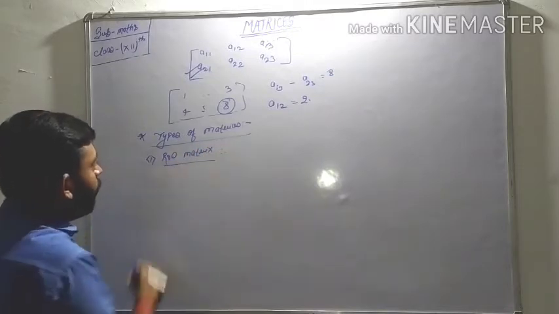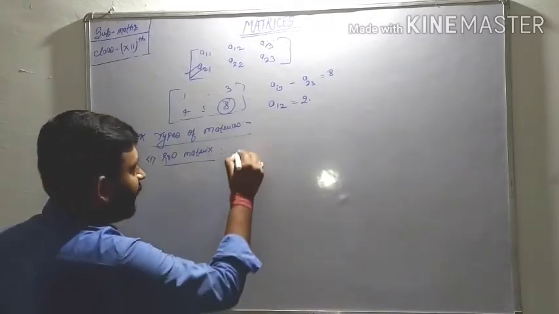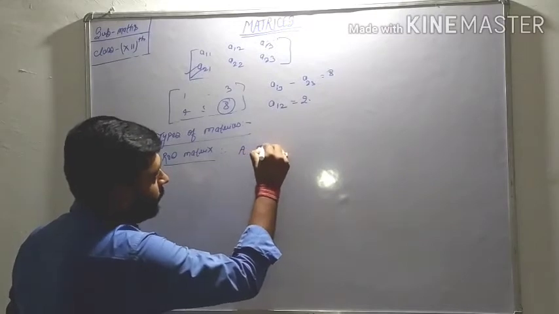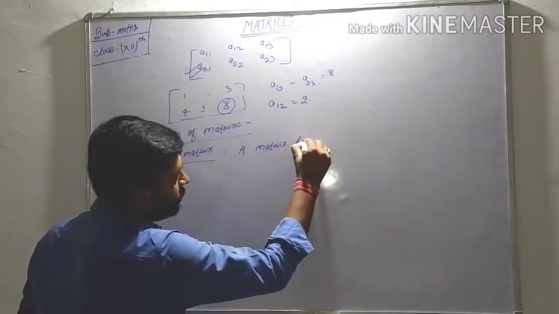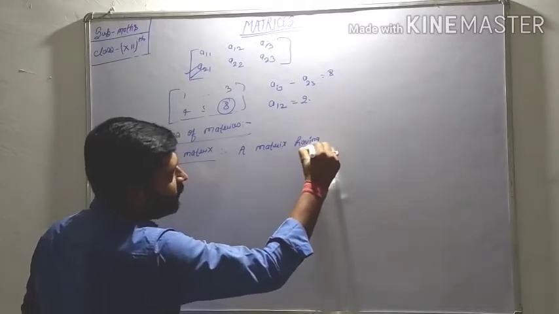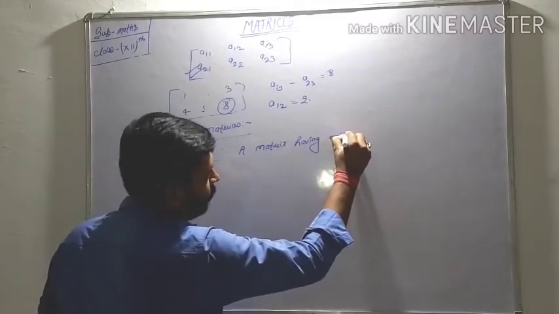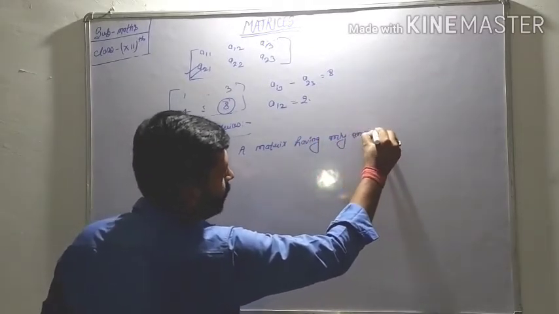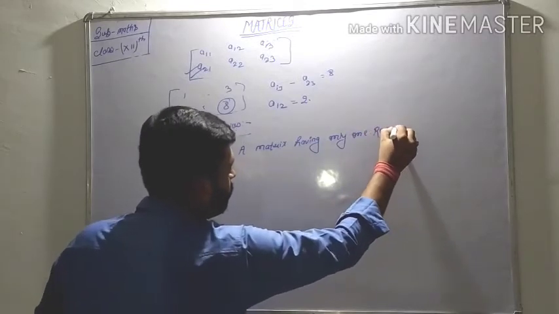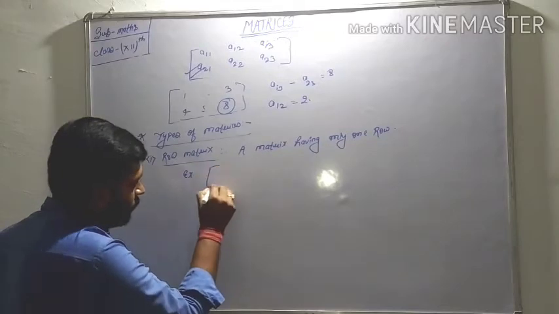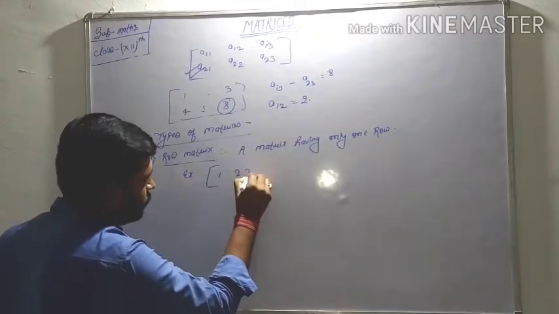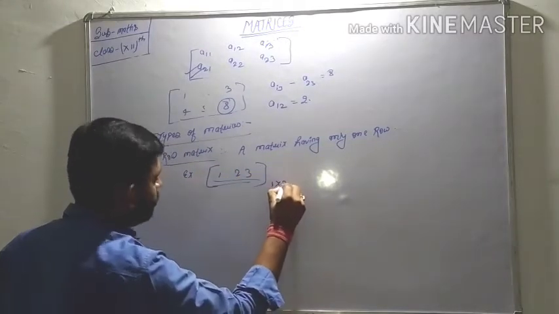A row matrix is a matrix having only one row. For example, suppose 1 2 3, which is 1 into 3.